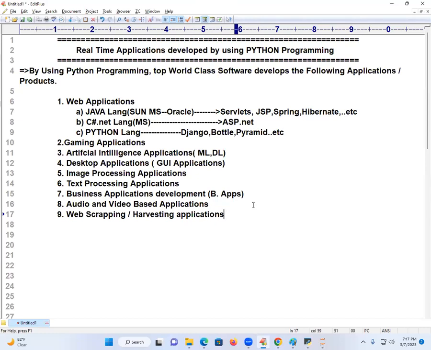Take your mobile and search for HP laptop models. Within a few minutes you will get a lot of advertisements on your mobile. That means the customers who are searching for HP laptop models are tracked, and they find out from which mobile that request was generated. To that mobile, they send the advertisements.